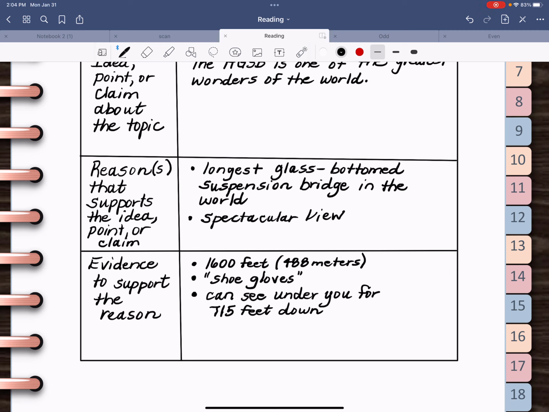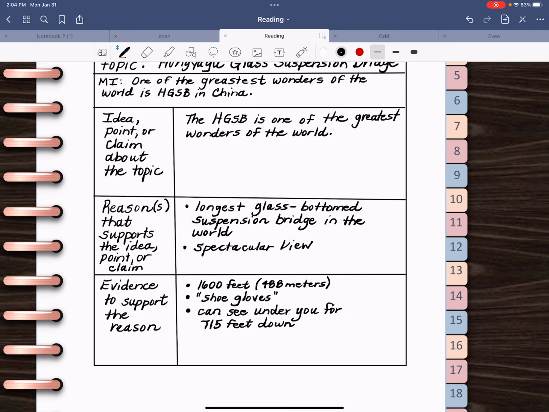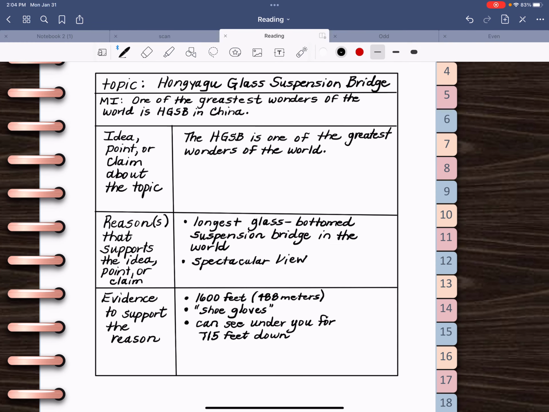So this is not quite a fifth of a mile, but it's still awfully close. I don't want to see that many feet underneath me. But again, we are basing our passage, our diagram, on the passage provided, on what that author is telling me. The author has a responsibility to provide you the evidence, to support the reasons, to explain the idea.